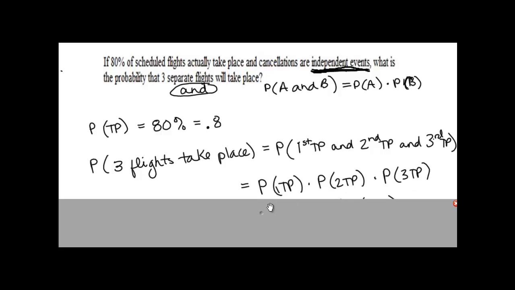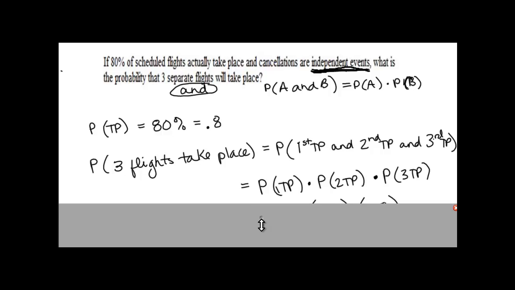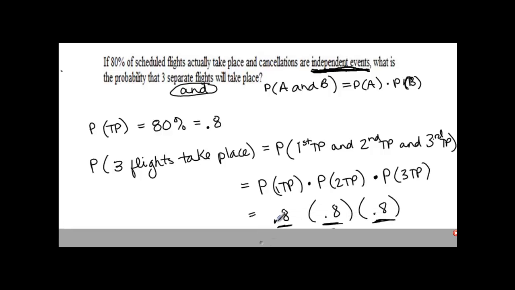So that would be the probability of the first taking place times the probability of the second times the probability of the third. And because they are independent events, they're each going to have that probability of 80% that they would take off, because one taking off does not affect the probability of the other. So for each one of those, we would represent the probability as 0.8.